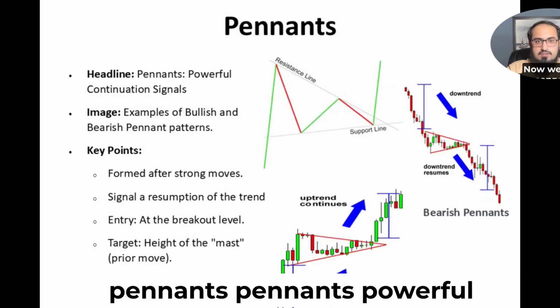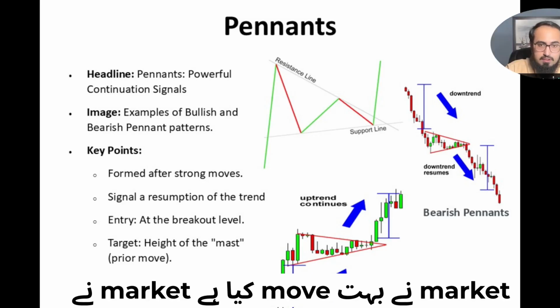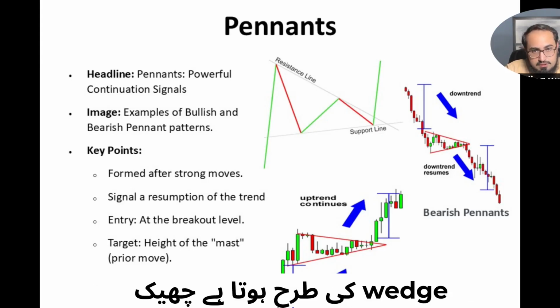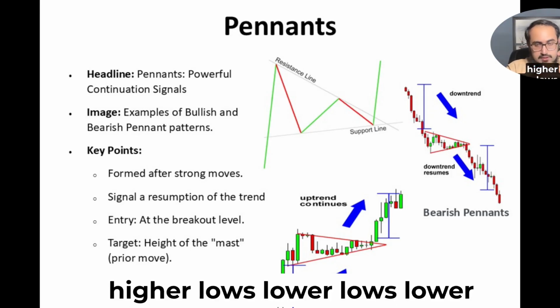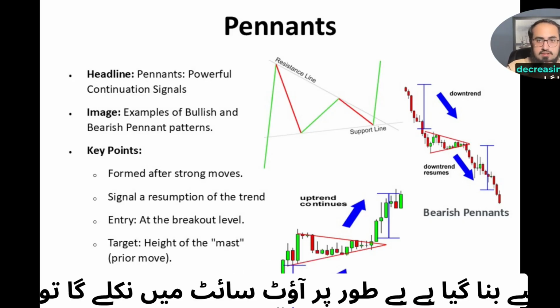Now we have pennants. Pennants are powerful continuation signals. When the market has moved a lot, it follows with a pennant. It is kind of like a rising or falling wedge. Okay, it has the same pattern. It will keep making higher highs, higher lows, and lower highs made at a decreasing pace.